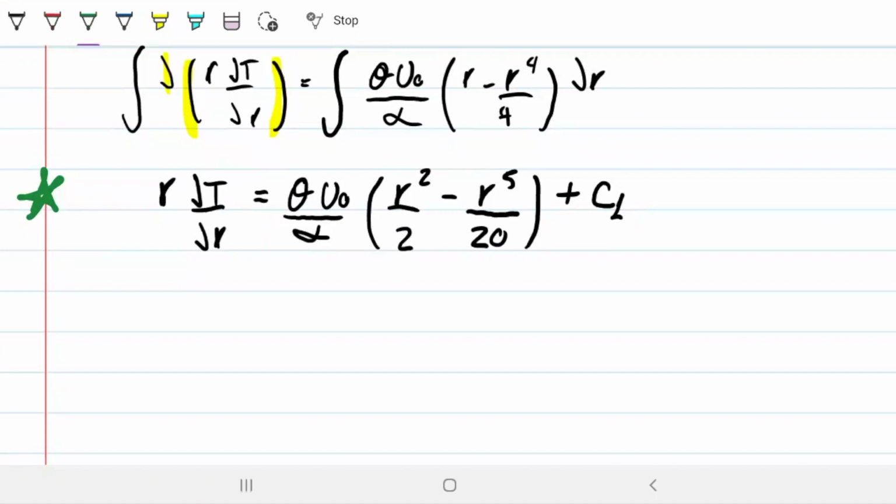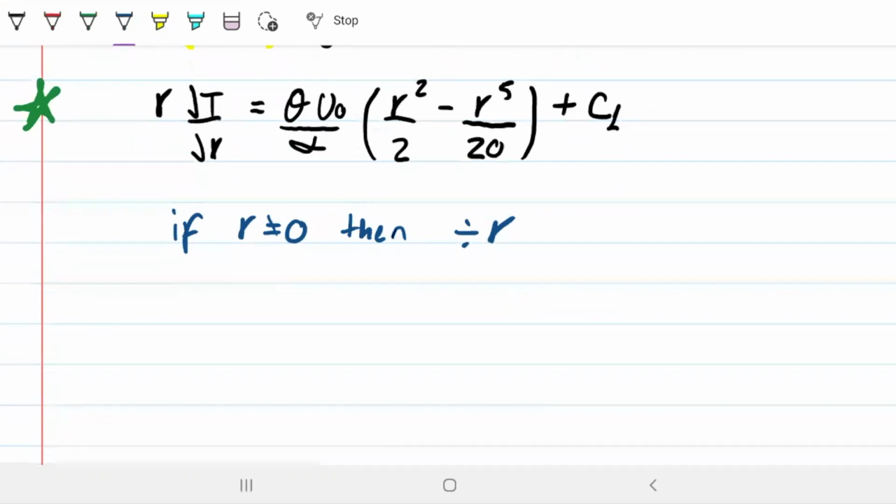Okay, so what do we do next? I'm going to divide everything by r. As long as my r is different than 0, I can divide everything by r, so I can eliminate the r over here.